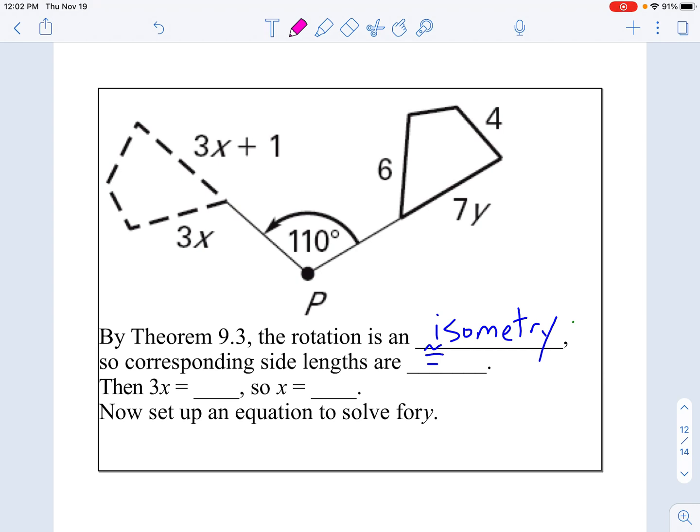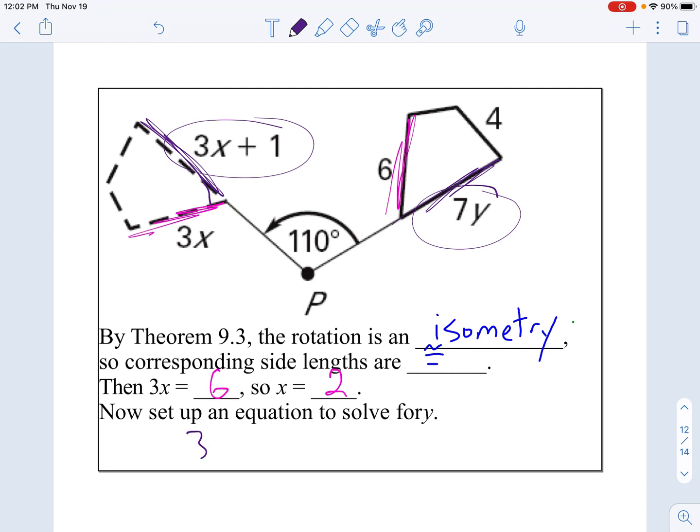Those corresponding side lengths are congruent. So I need to find these pieces that match up. That 3x, if I rotate this figure around, that 3x is going to match up with the 6. So 3x equals 6 tells me x will equal 2. The 3x plus 1 is going to match up with our 7y.